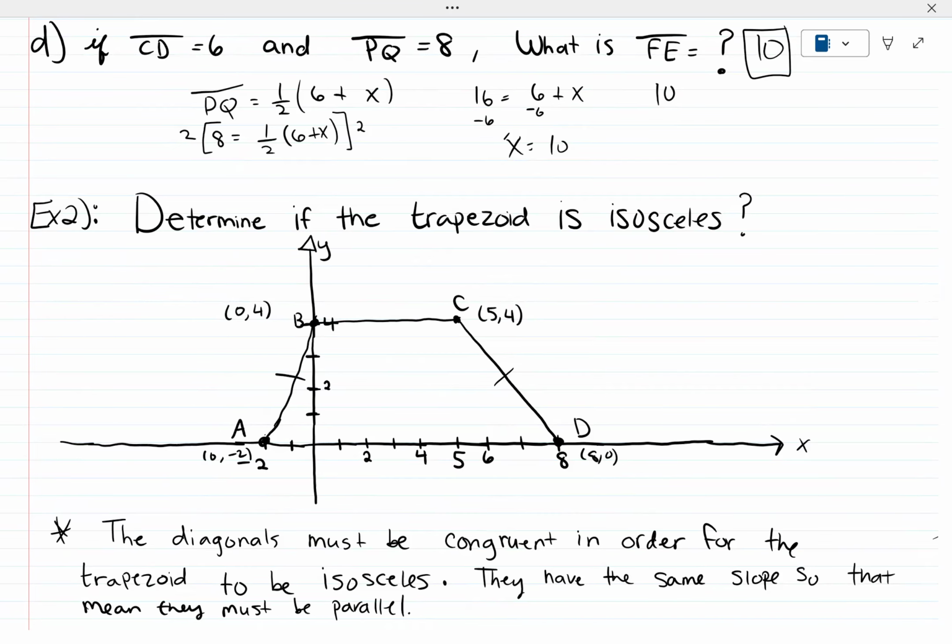Where's AC? From here to here. We could find the length of AC using the distance formula. We're proving that these diagonals are the same, and then we'll find the length of BD.